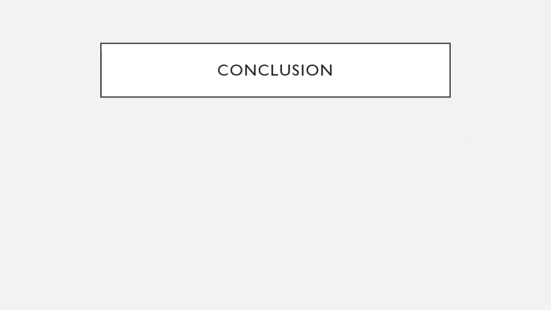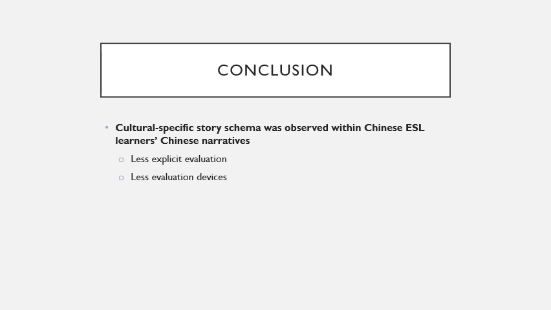So these are the findings of the study, and in conclusion, first, I do find culture-specific story schema within Chinese ESL learners' Chinese writings. For example, they use less explicit evaluation and they use less evaluation devices. The second one is I found evidence for cross-linguistic influence because I also did a correlation analysis between Chinese ESL learners' Chinese writings and English writings.